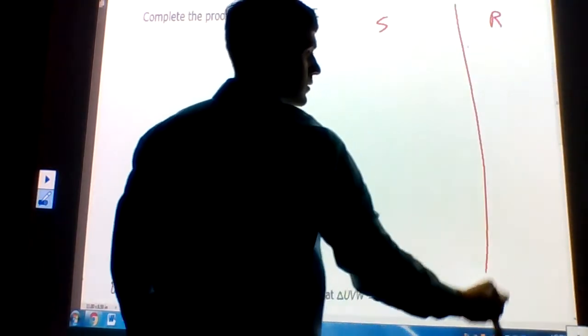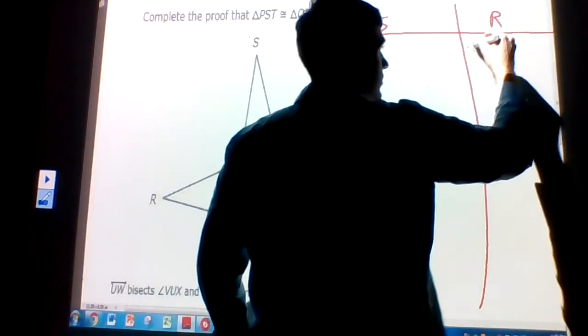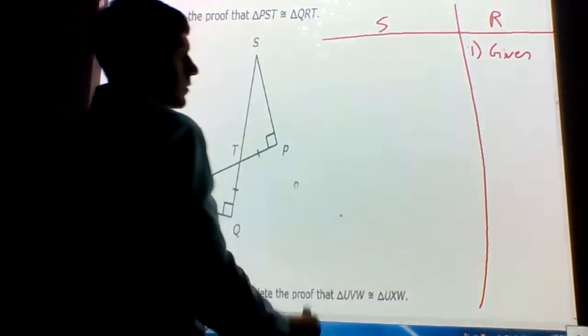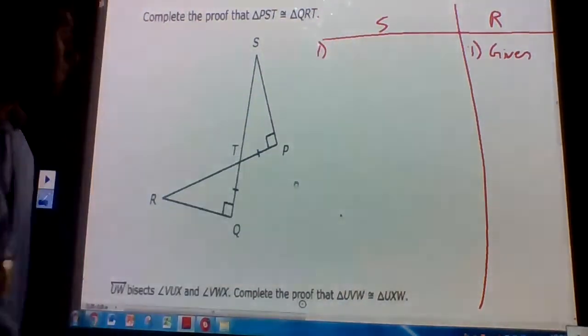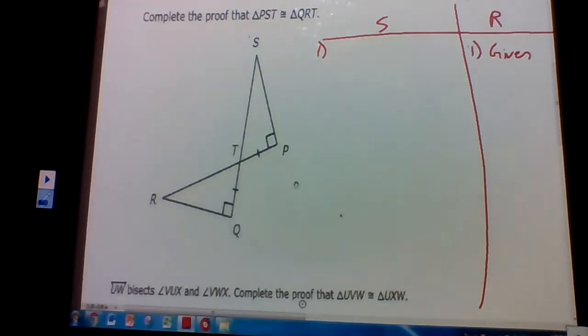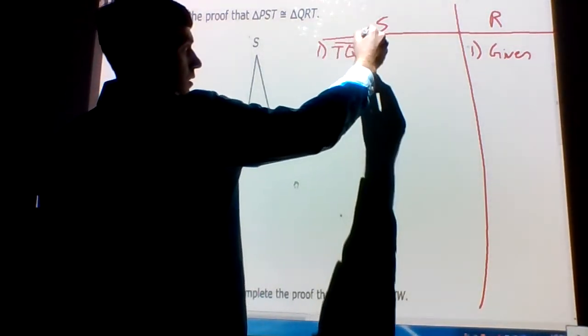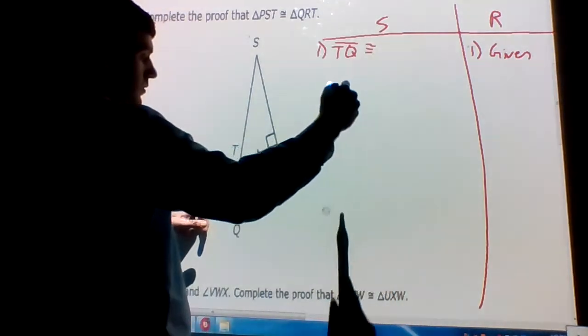Statements, reasons. First one is always your given. So what we're given here is that TQ is congruent to TP.